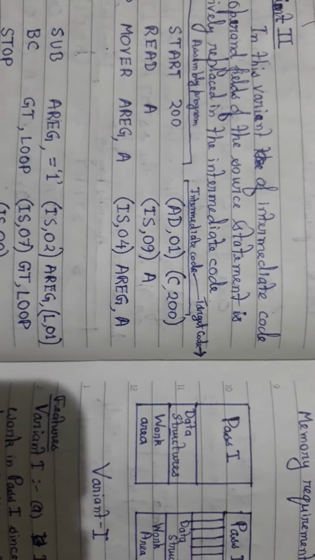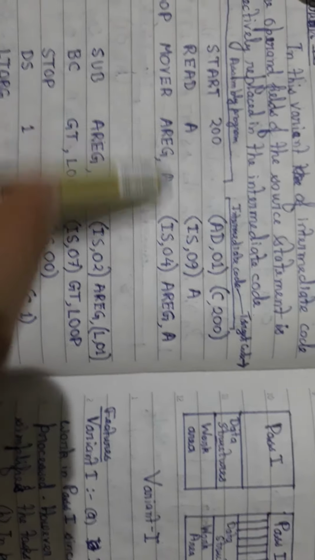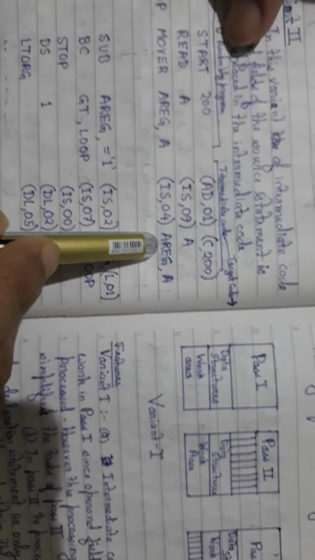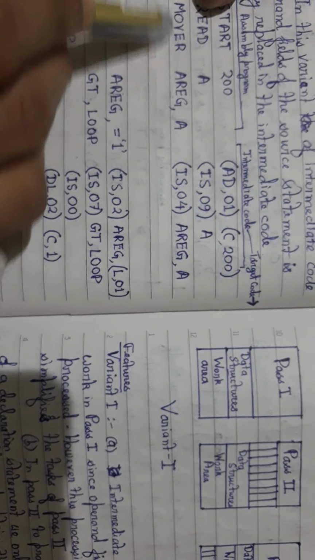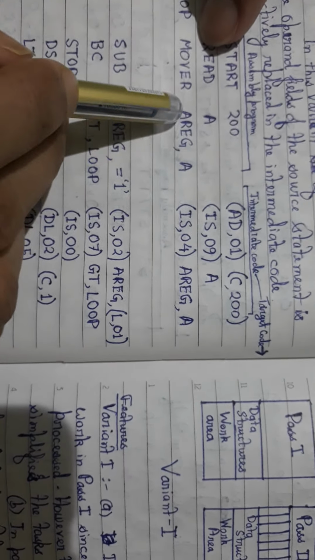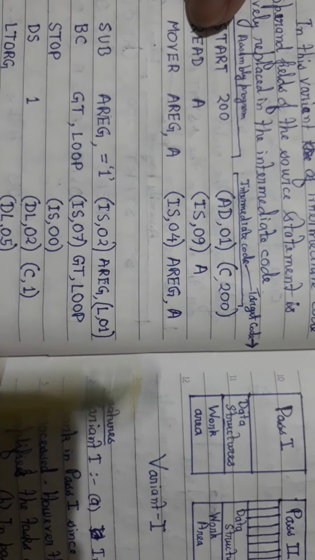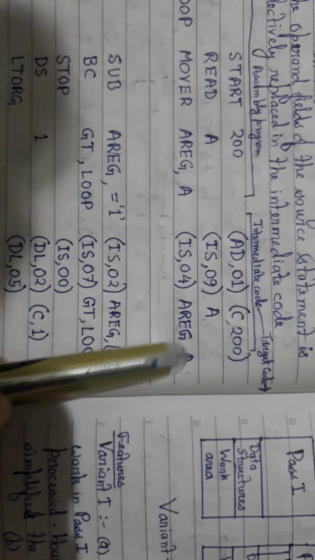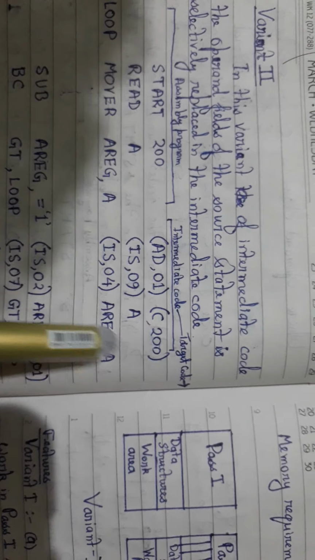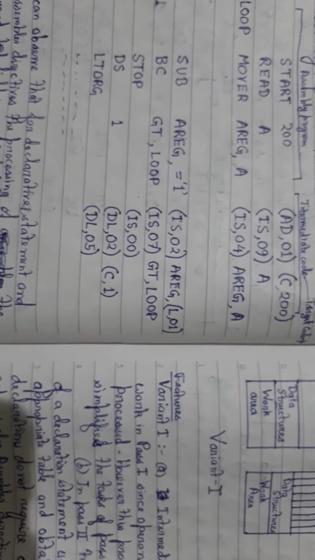In the first pass, it is converting the mnemonic opcodes to some intermediate forms, but the operands are kept as they are. So the burden of converting these operands to target code will be done in pass 2, and the work is balanced between the two passes in the variant 2 intermediate code representation.